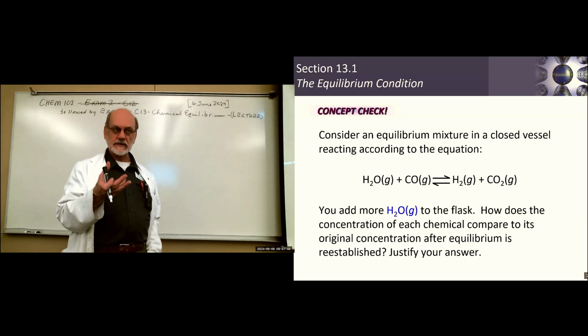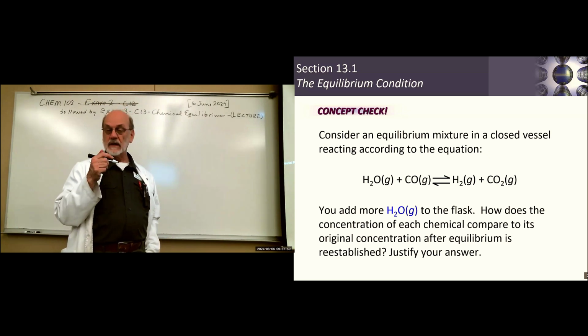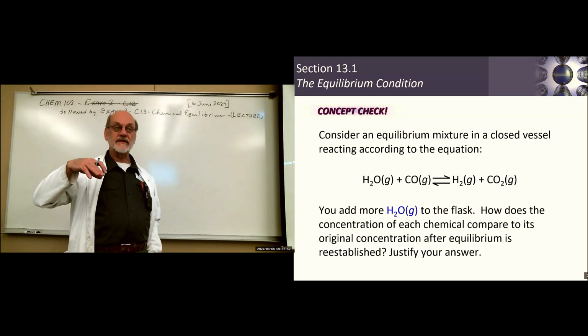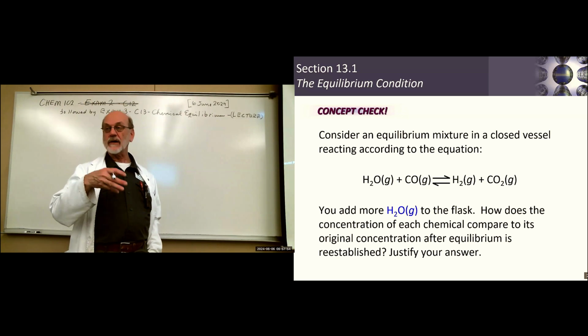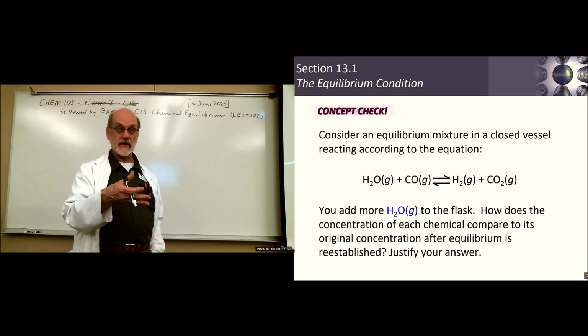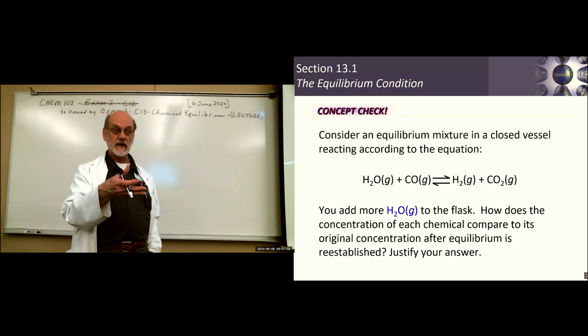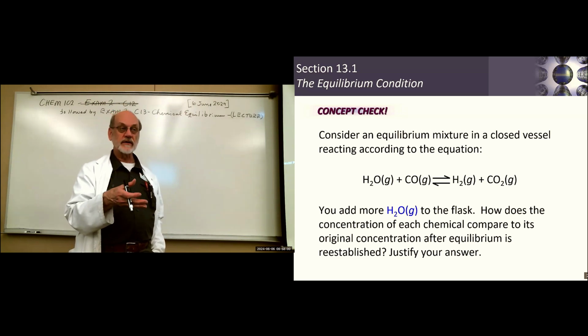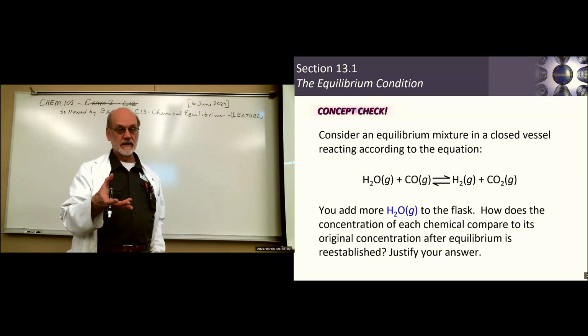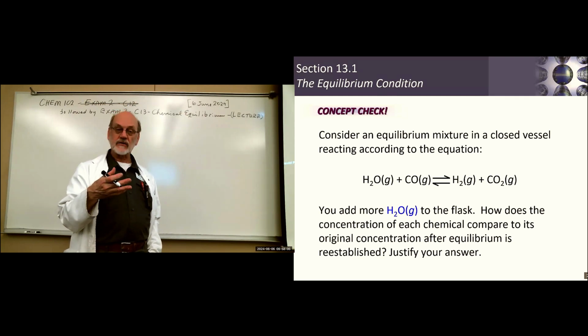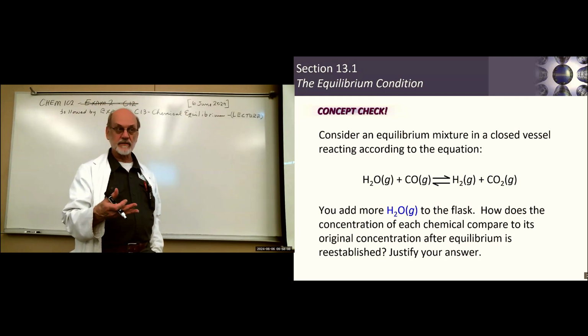Well, on the atomic level, you've increased the probability of water molecules encountering other carbon monoxide molecules. So you increase the probability of more reaction. So you start to increase the rate of reaction if you increase the amount of water.